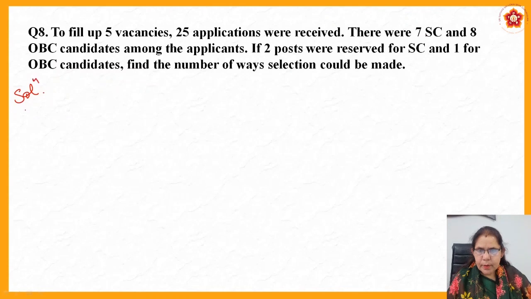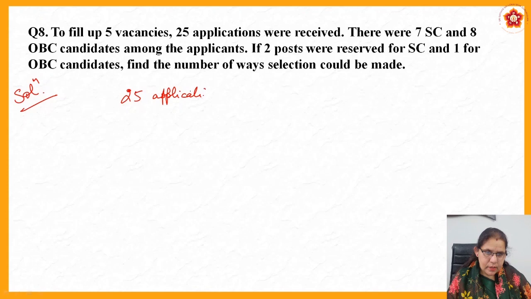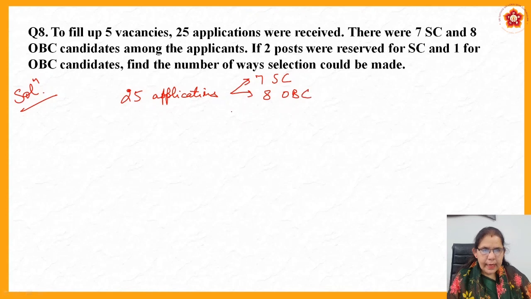Again, this question is similar to what we have done till now. There are 5 vacancies which have to be filled up and 25 applications have come. Out of these 25 applications, 7 scheduled castes and 8 other backward classes have applied.